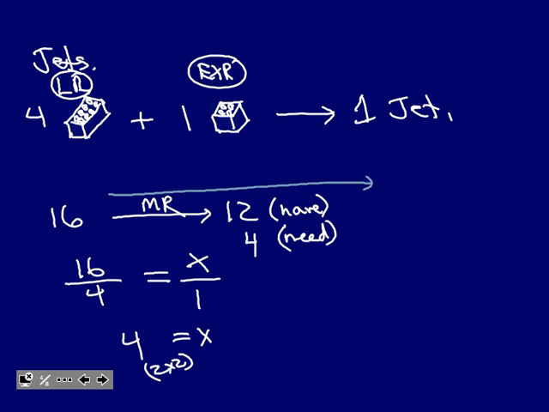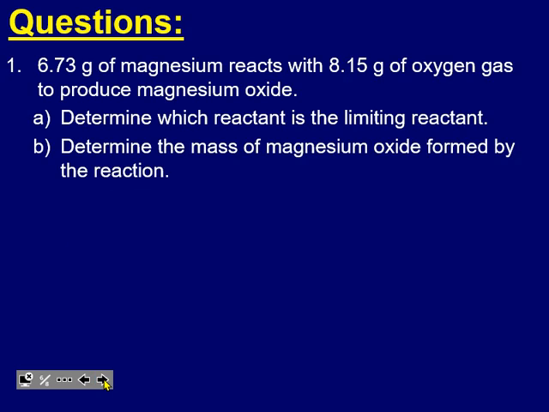Then we do the problem just like we did. So it's kind of like we do the problem twice. We do it once to see how much is needed, we determine which is limiting, and then we do the problem. And because it's the same ratio, 4 to 1, just like this, we will make 4 jets. 4 jets will be made. Okay? So, like I said, this is just an add-on. Let's do 2 examples, and then I let you work.